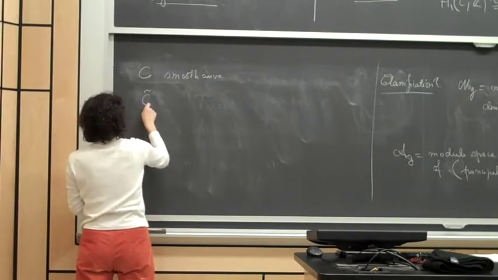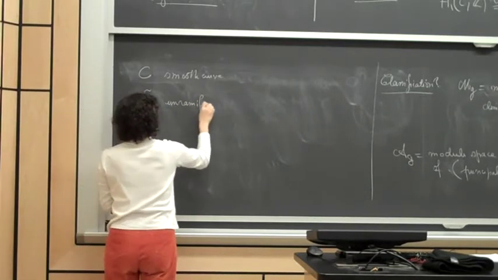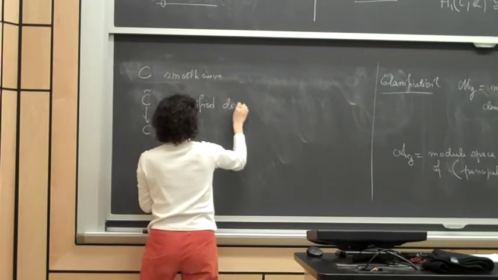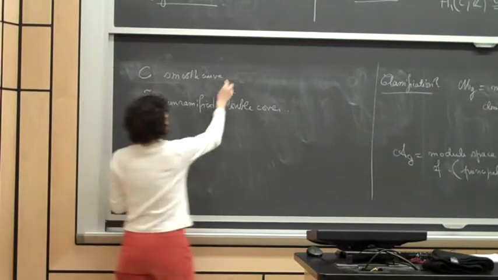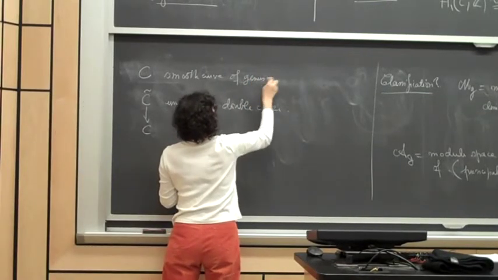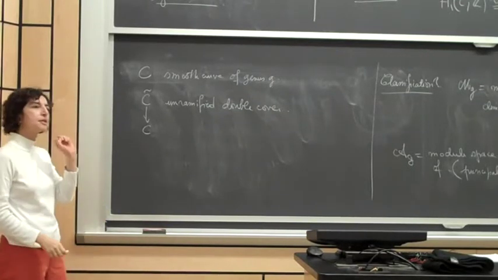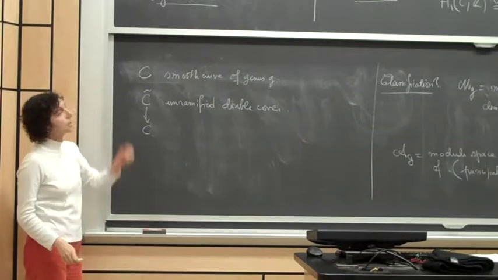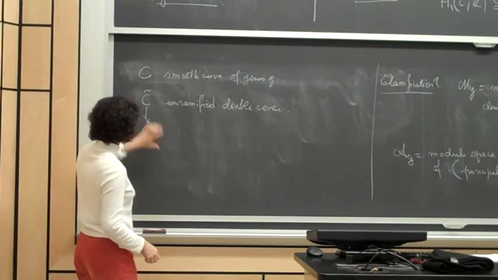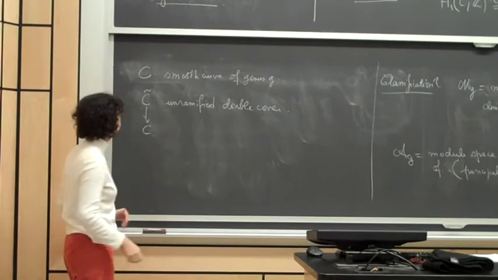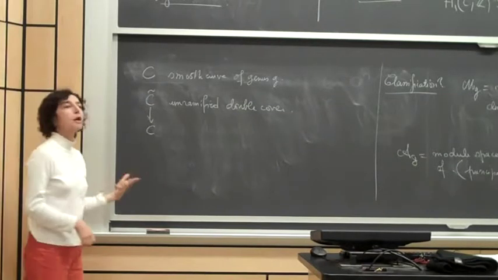So C tilde to C, an unramified double cover. Let's see whether we can possibly catch more of A_g. So first let's count the parameters for this, and then we will construct the Prym variety and see how big that is.